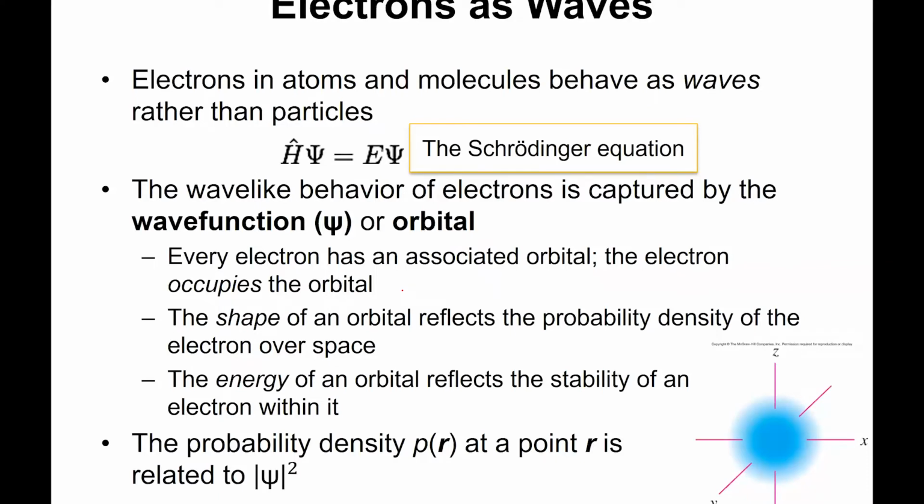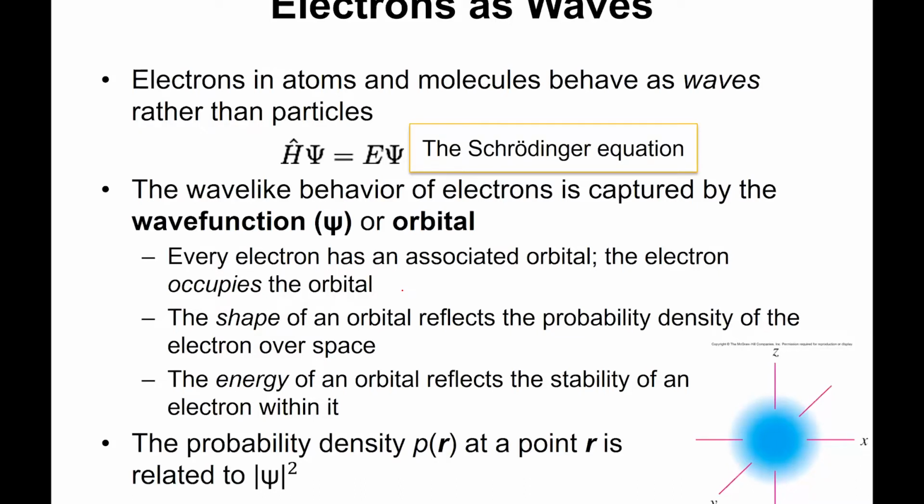So electrons, again, are the cause of most of this chemistry, and they are very interesting. They are called a particle, but ultimately they act more like a wave. It's because they're so small. They interact almost like light does. So they behave more as waves than particles, and we define this through the Schrodinger equation.